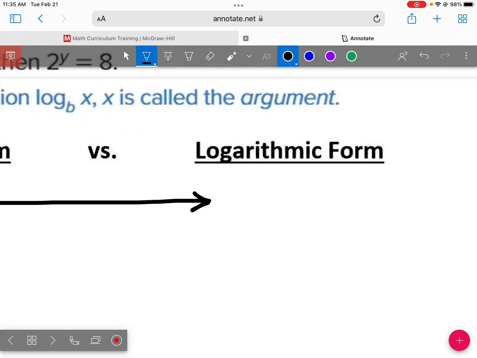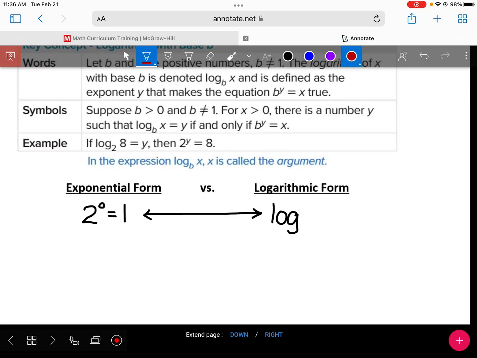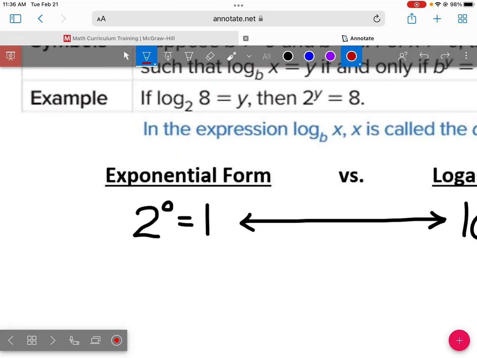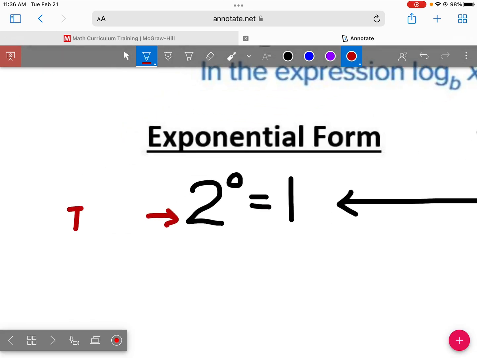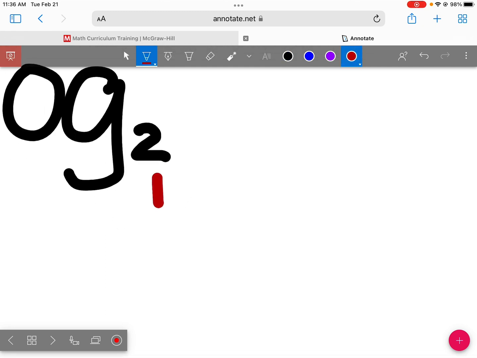Log. The only way I know something is a logarithm is because it starts with log. What's the base on my exponential form over here? 2. So here's my base. When we're in logarithmic form, that gets written as a tiny little number low down and next to the g.